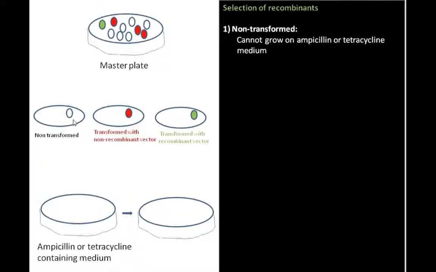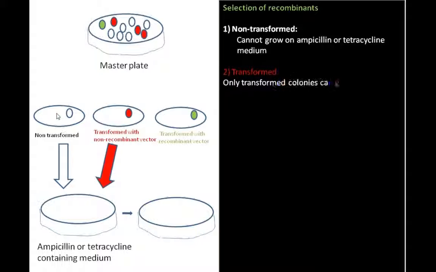Now we know that the non-transformed ones cannot grow on ampicillin or tetracycline medium, as that host bacterium doesn't have ampicillin or tetracycline resistance genes. So we simply plate them onto an ampicillin or tetracycline medium so that colonies cannot grow.